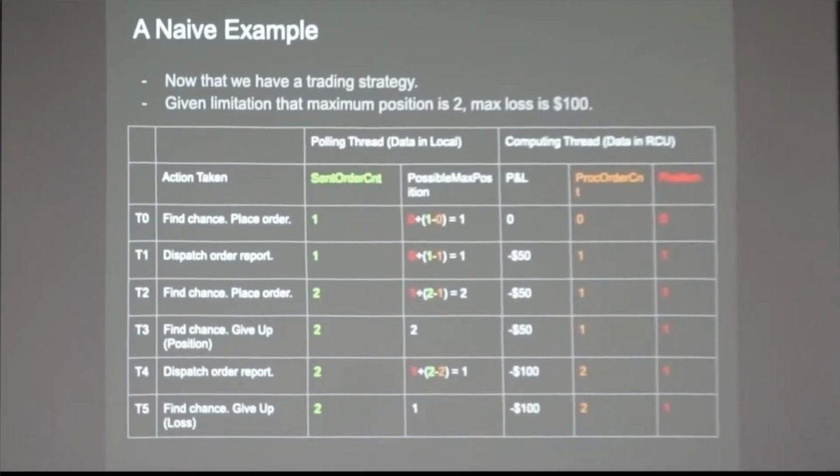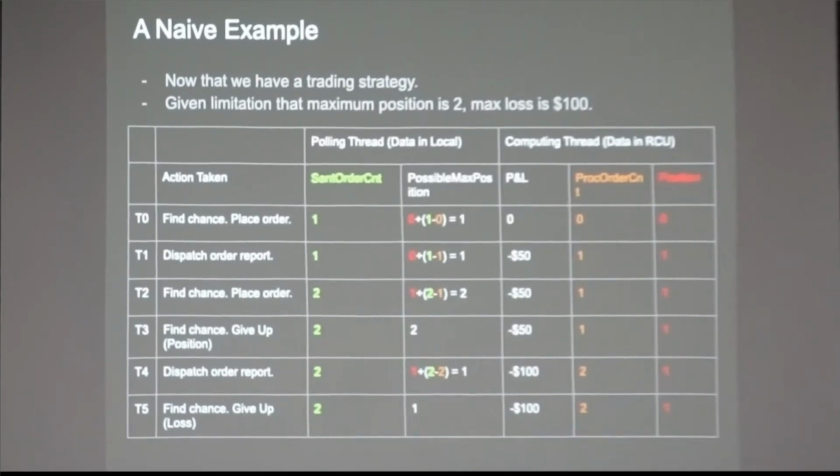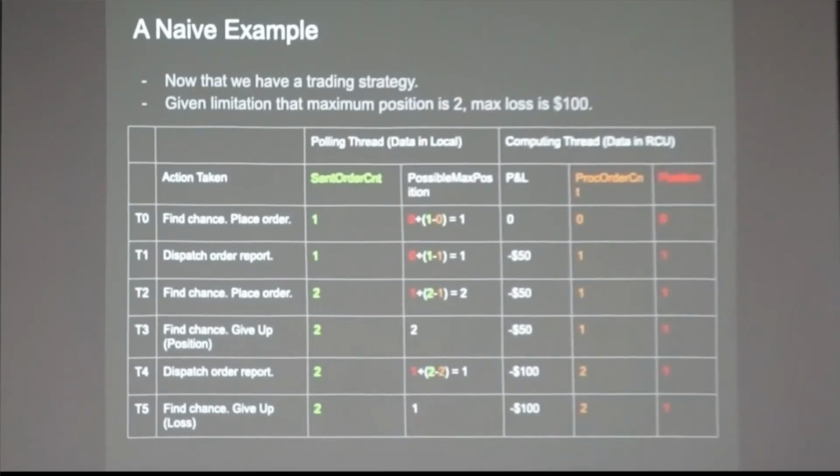We move unnecessary computation tasks to another thread, such as calculating profit and loss or managing positions. This allows the polling thread to process market data as quickly as possible, and the algorithms will also be executed in this thread.